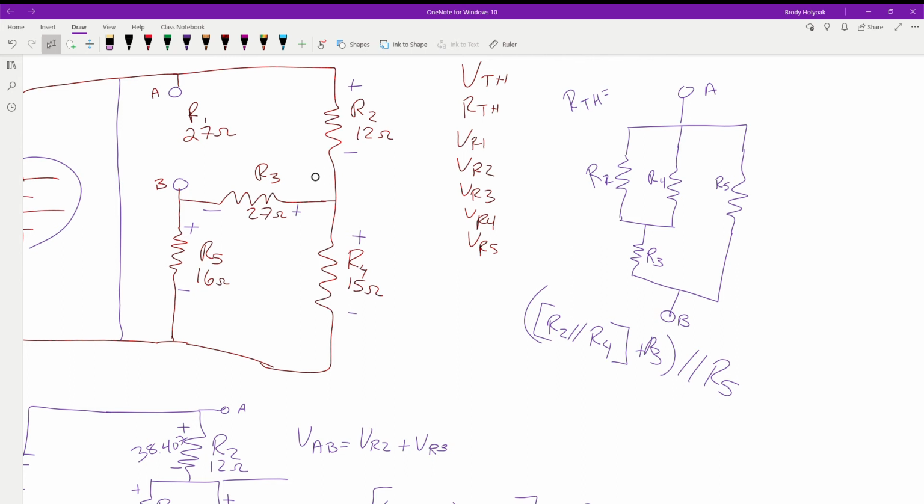Hence, why this turns into a series connection. Then we have R3, and R3 is connected to point B and the other side of R5. So all these guys are then going to connect together into one point as well. So this here is R Thevenin. What's the resistance that we're going to be seeing at point A or B? Okay?